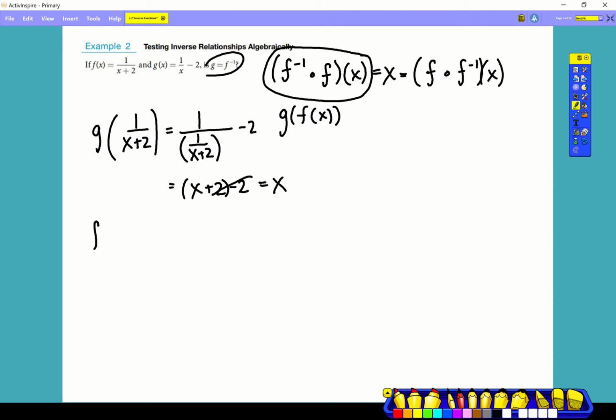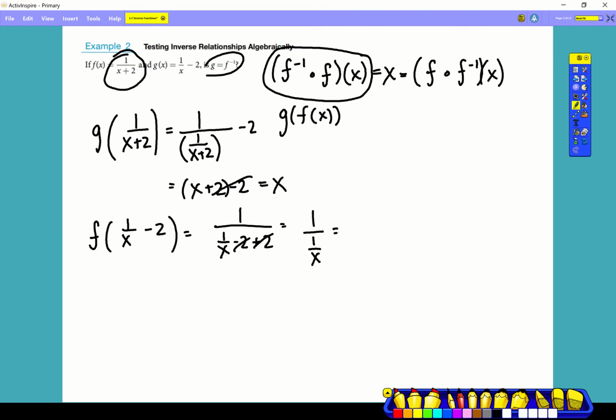Now let's try the other way around, f of g. Well, g is 1 over x minus 2. So we have 1 over x minus 2 plus 2. Remember, everywhere x is gets replaced with g of x. And that gives us 1 over x, because these cancel out.